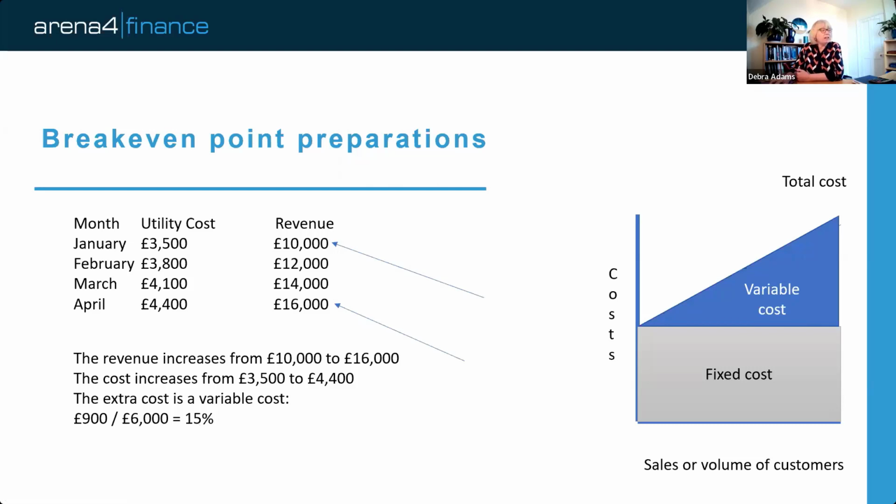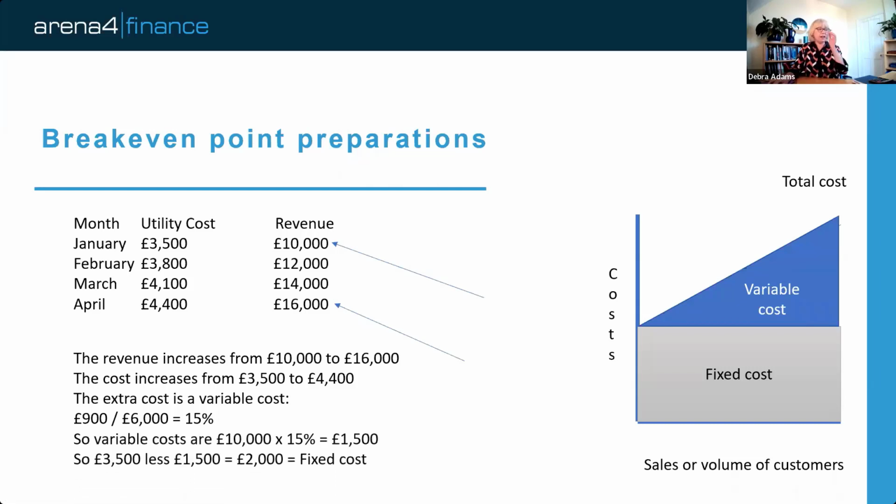Now what that is telling us is that the variable costs are 15% of the revenue. So then I can apply that to my figures I have already. So I've got here a picture of when the revenue is 10,000, then the variable cost will be 15% of that.